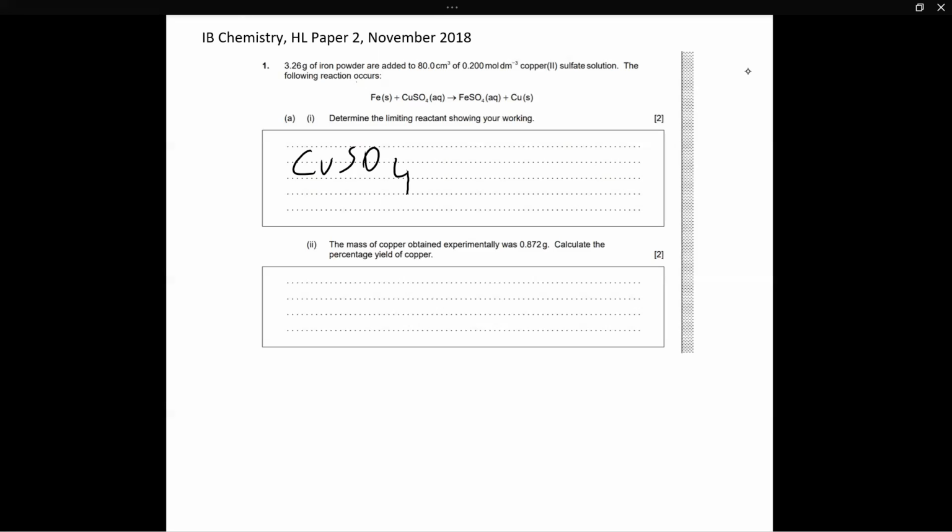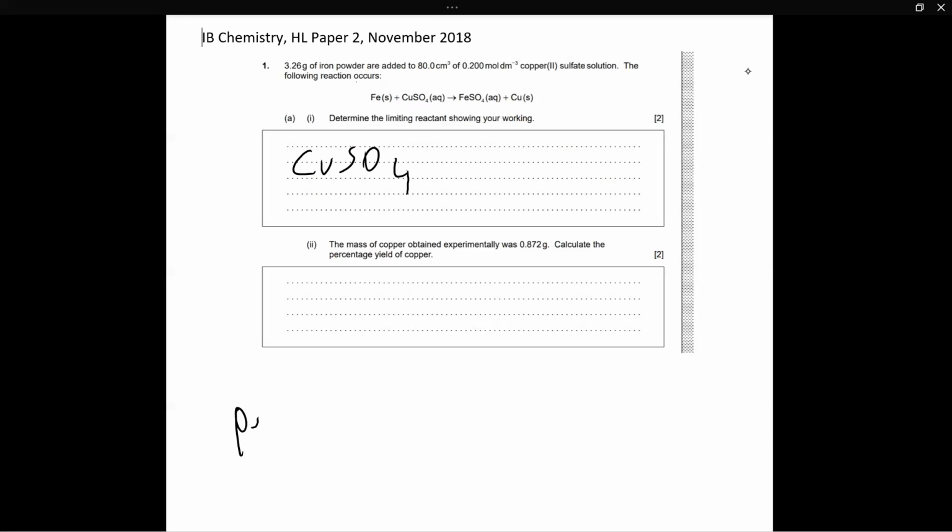Now let's move on to the next part of this question. It asks us, the mass of copper obtained experimentally was 0.872 grams. Calculate the percentage yield of copper. Now, in order to calculate percentage yield, remember this formula.